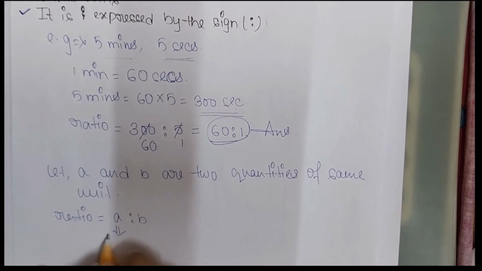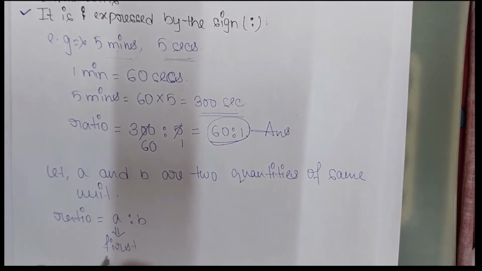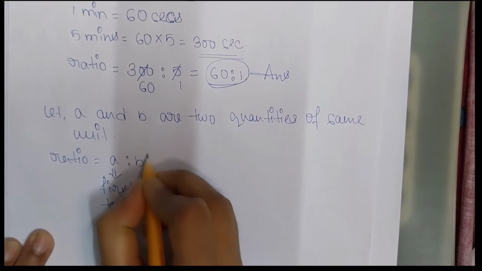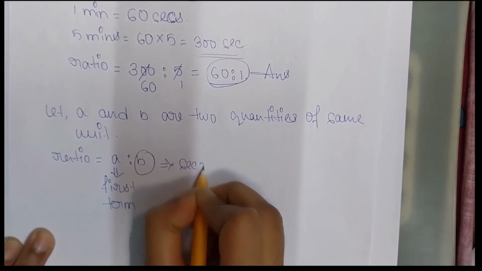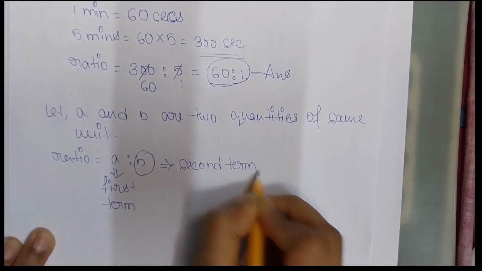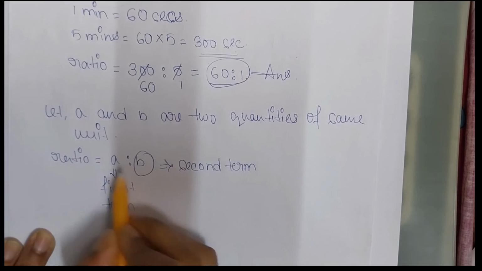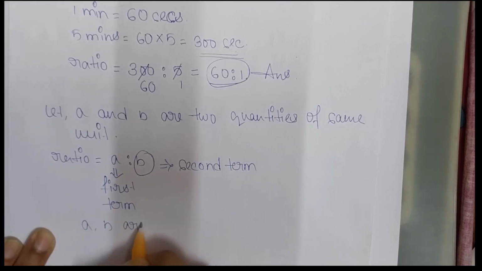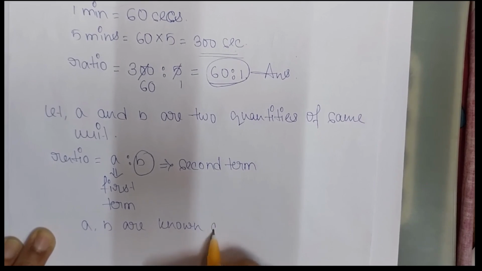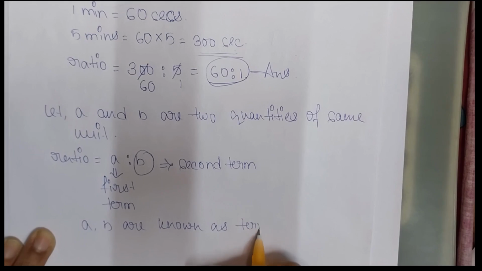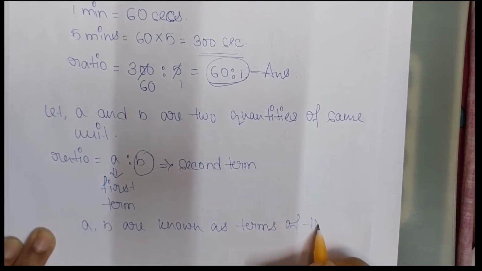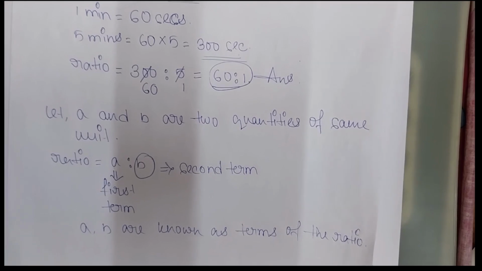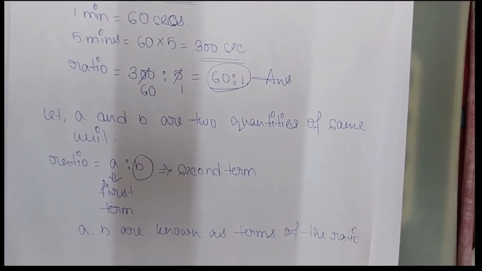A is called the first term of the ratio, and B is called the second term of the ratio, and both A and B are known as terms of the ratio.